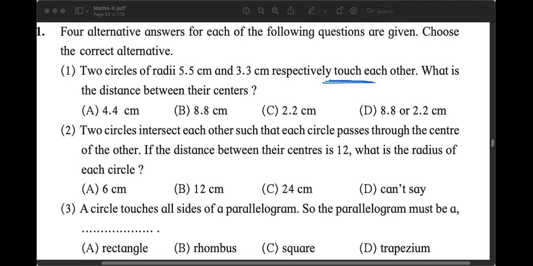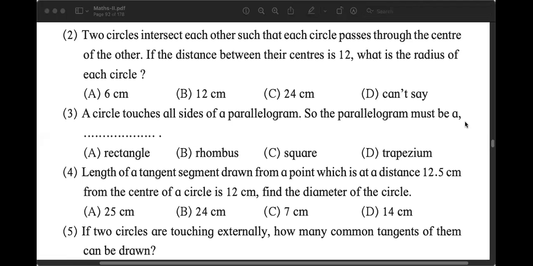Number 2, two circles intersect each other such that each circle passes through the center of the other. See, we will be able to understand these questions only when we draw, only when we follow the instructions.